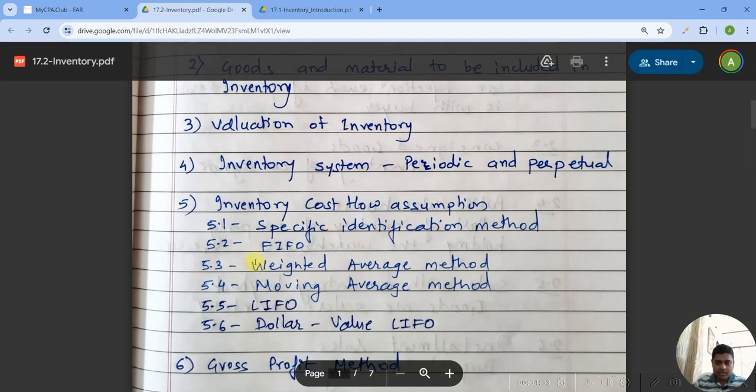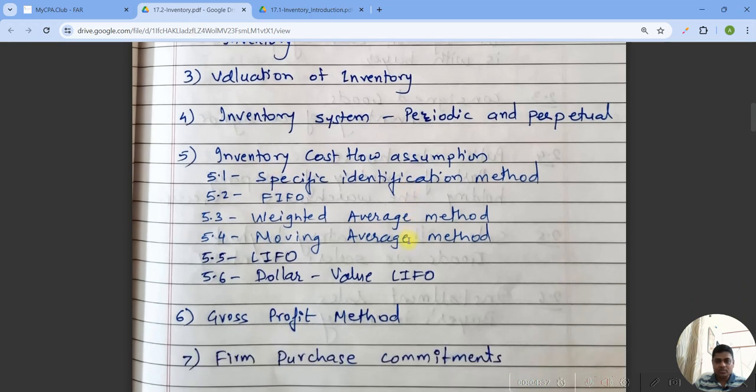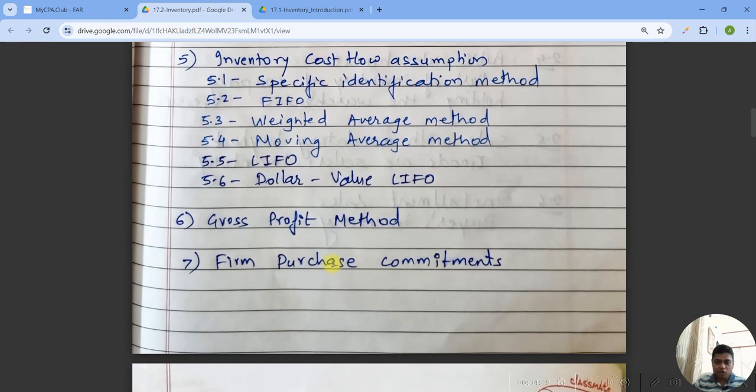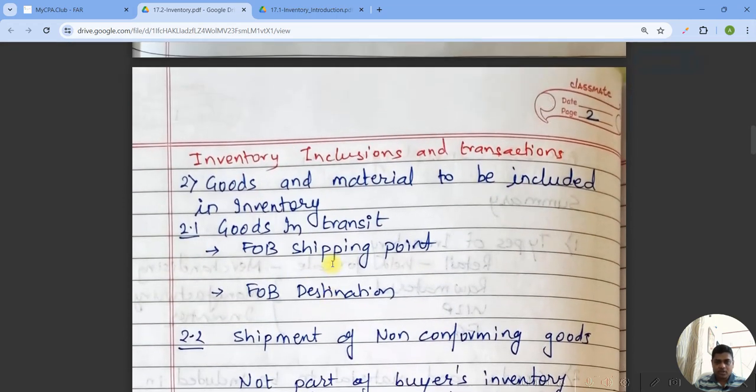We are also going through a summary of the inventory cost assumptions: specific identification method, FIFO, weighted average, moving average, LIFO, and dollar value. Then there is the gross profit method, and the concept of firm purchase commitment. These are all concepts that we are going to talk about.